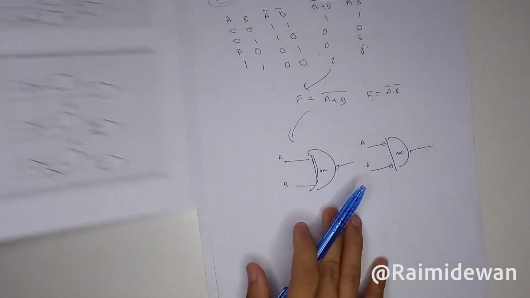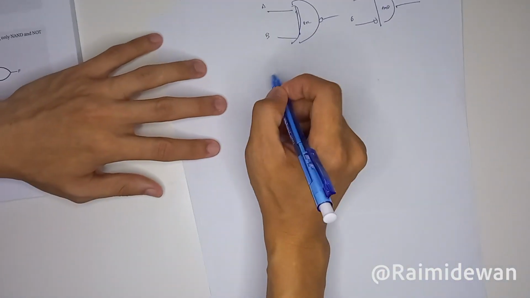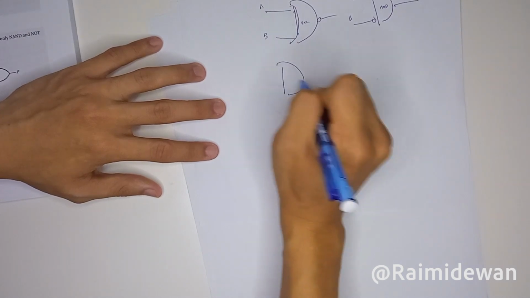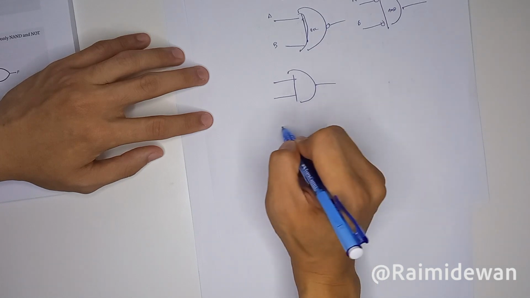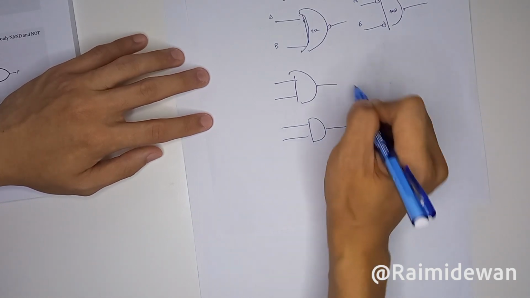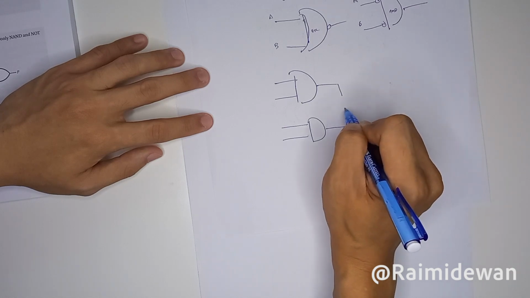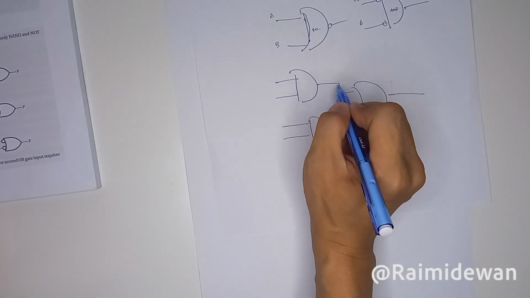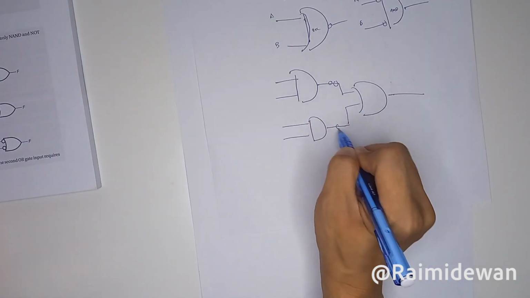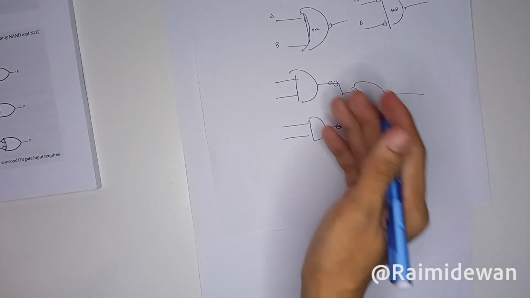Why does it say like this? Because, for example, if you want to simplify the circuit, you can actually introduce two bubbles. These cancel each other out, right?